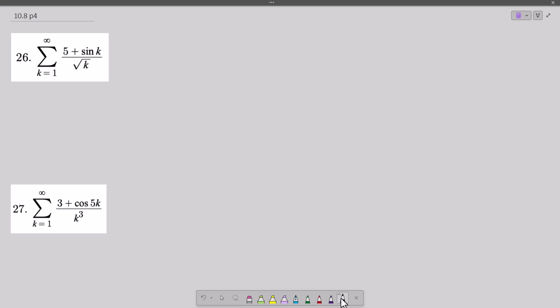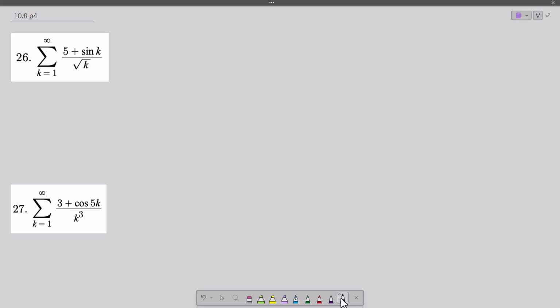So, when we think about the numerator being constant, and we think about this sine that's adding or subtracting from the 5, we have just sort of alluded to the fact that it's kind of insignificant. The numerator is just basically a constant.